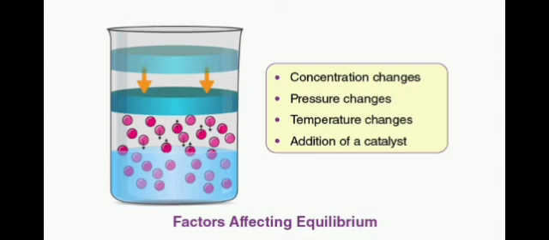So the system will not be affected by change in pressure. Because if you increase pressure in a system that is in equilibrium, it should affect the side that has fewer moles of the gas. But here we have the same moles of gas on both sides. So an increase or decrease in pressure will not affect that system.